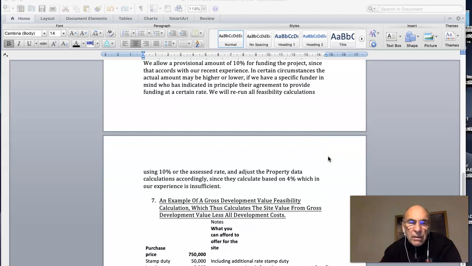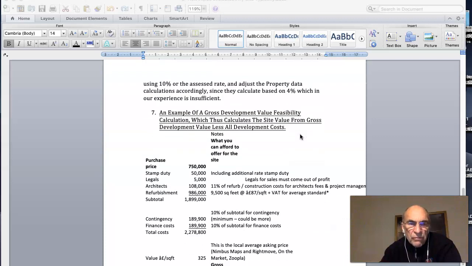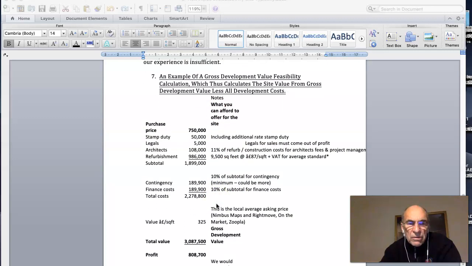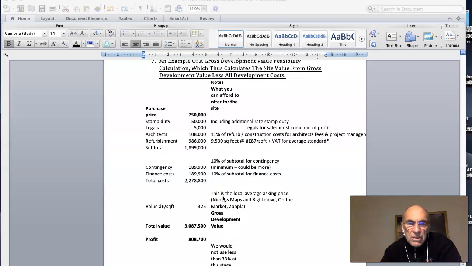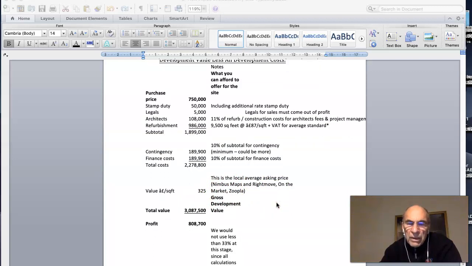So an example of the gross development value feasibility calculation is there, where we run through assuming a purchase price and all the relevant costs, plus contingency, plus finance cost, giving a total cost to develop the project. Gross development value is based on the local residential value that we get from Land Registry or some of the other sources that I've mentioned, but we need to be careful.